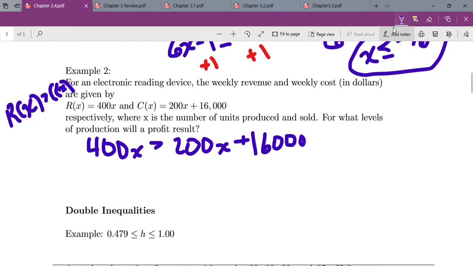So I'm going to subtract this 200x over. 400x minus 200x winds up to be 200x is greater than 16,000.